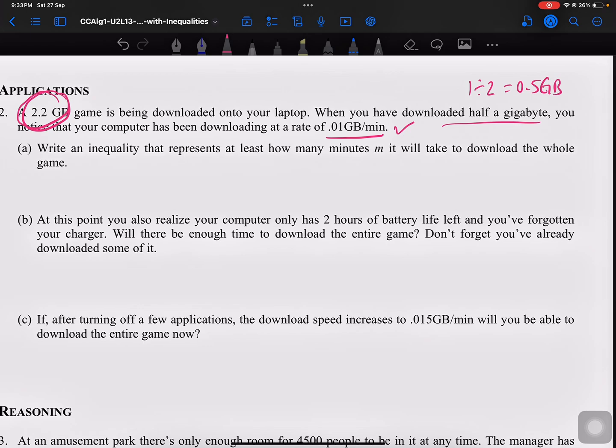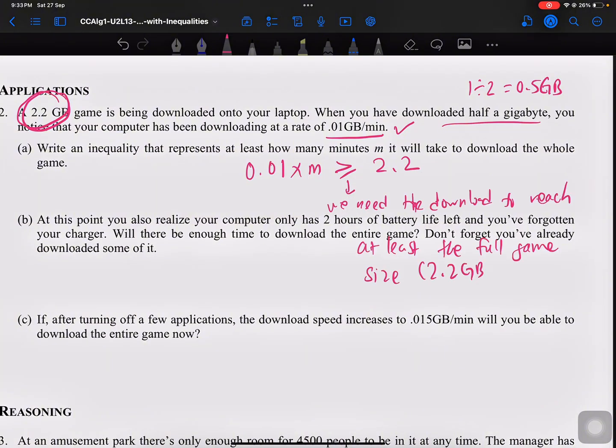So we know that our inequality will be 0.01 times m larger and equal to 2.2. Why we use this? Because we want 2 gig. So we want at least this amount. This is our inequality.